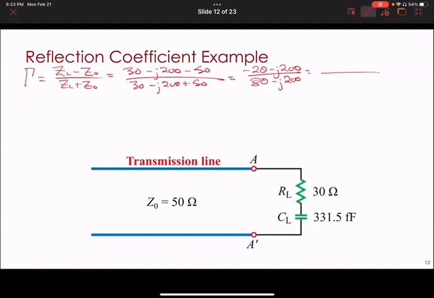We're going to do the top one first, and I want just the magnitude. 201. Okay. So 201 angle something.